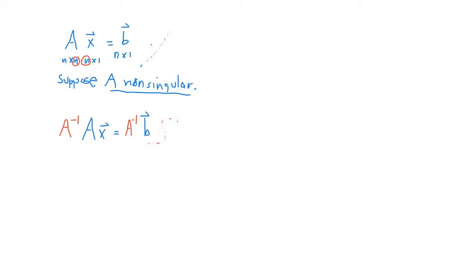All right. Now, really what we have here on the left is A inverse times A times X equals A inverse times B. Is it okay on the left side to rewrite the left side as A inverse times A times a vector X equals A inverse times B?